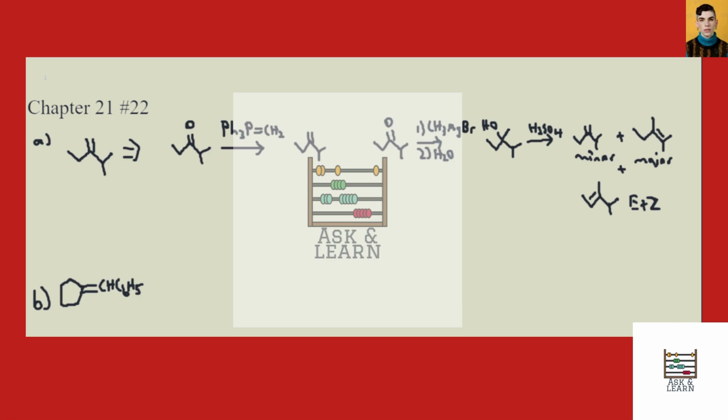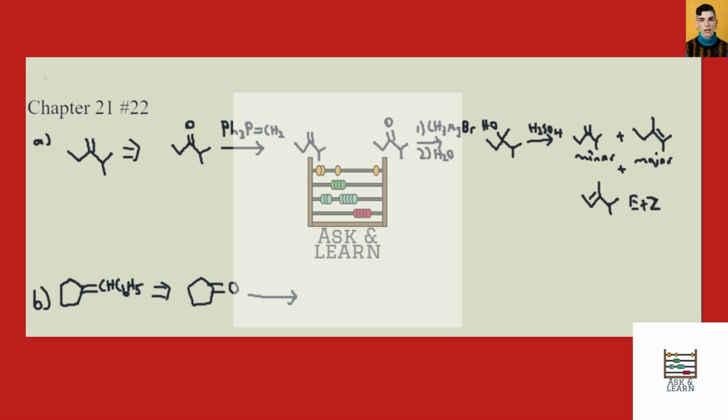And so, again, for B, it's going to just be more of the same. So B can come from just cyclopentanone, this starting material, and then again, we can just treat this with the Wittig of what we want to add.